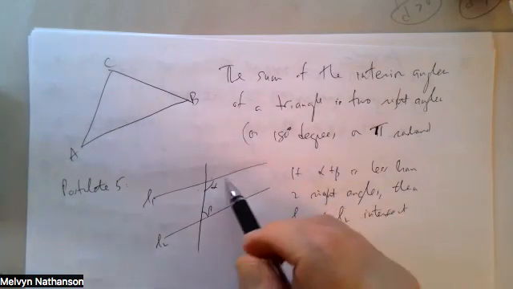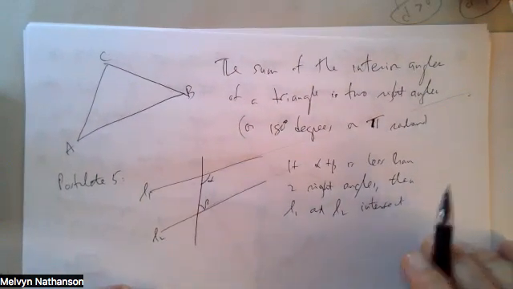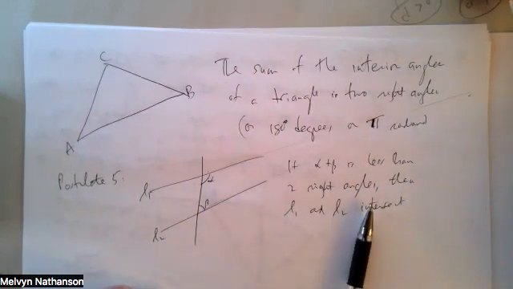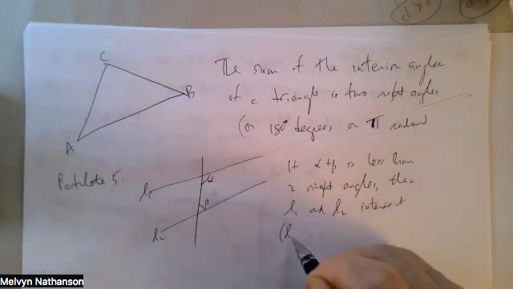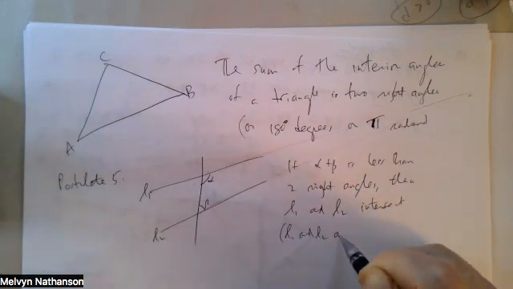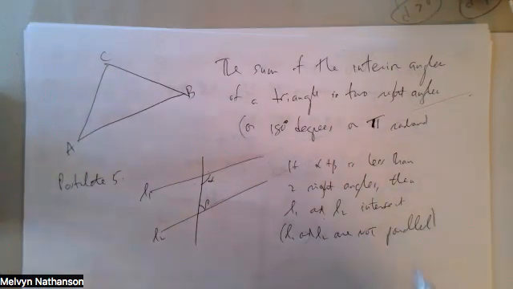If you carry them out far enough, somewhere out there, they're going to intersect. Or in other words, L1 and L2 are not parallel.